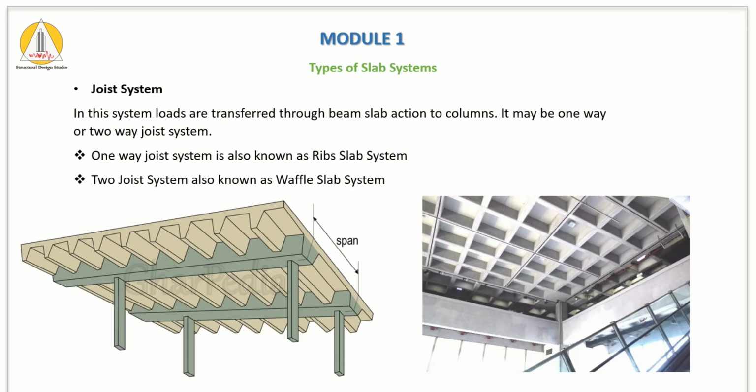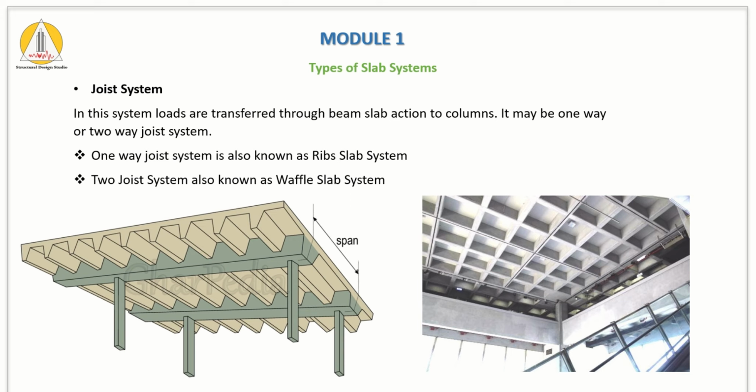The next one is the joist system. In this system, loads are transferred to the beams, by slab action to the columns, and similarly, it can be a one-way or two-way joist system. There are different terminologies used. The one-way joist system is also known as the rib system, and the two-way joist system is also known as the waffle slab system. You can see this is the example of the one-way joist system, known as the rib slab system, and the next one is the two-way joist system, known as the waffle slab system.